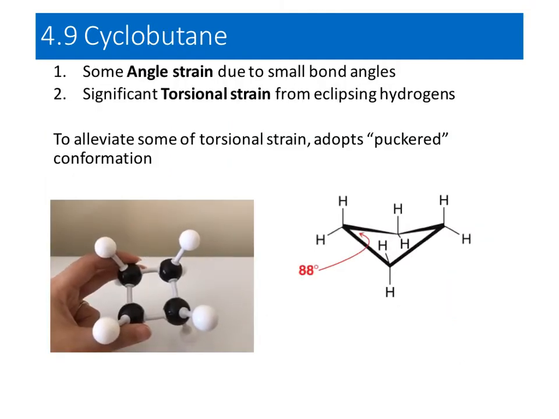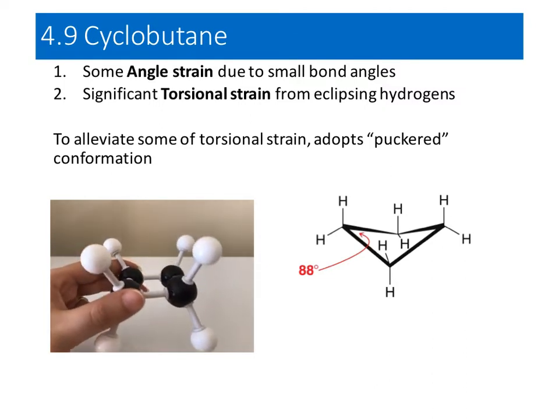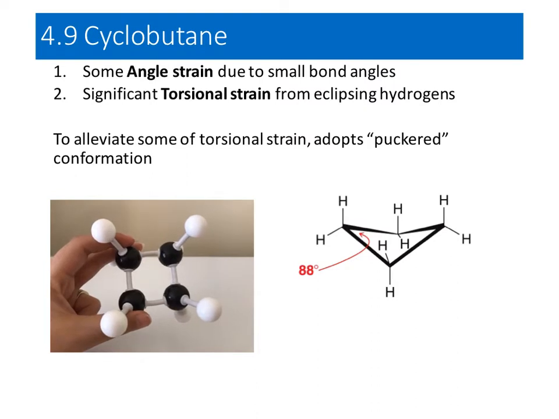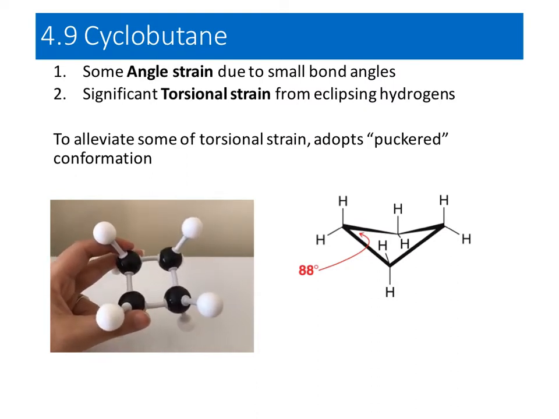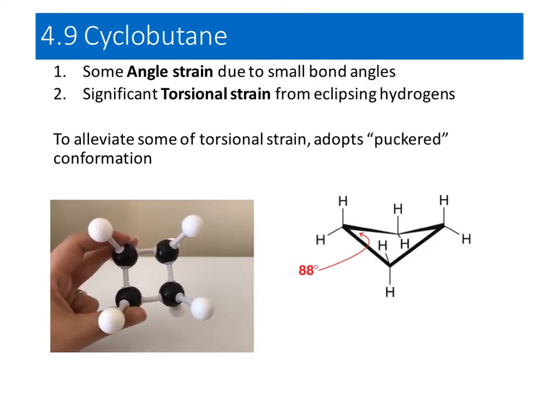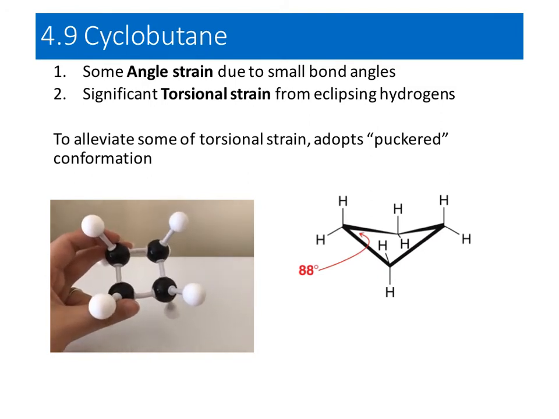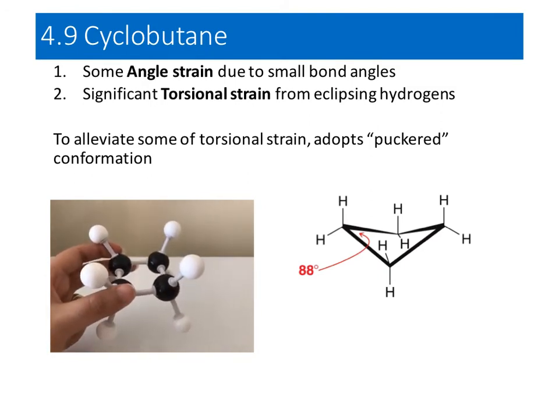The next cycloalkane that we can talk about is cyclobutane, which has 4 carbons. Cyclobutane can also experience 2 strains: angle strain, again due to the small bond angles, which are smaller than the optimum bond angle for sp3 hybridization. However, the angle strain here is smaller compared to cyclopropane because we have a larger ring.